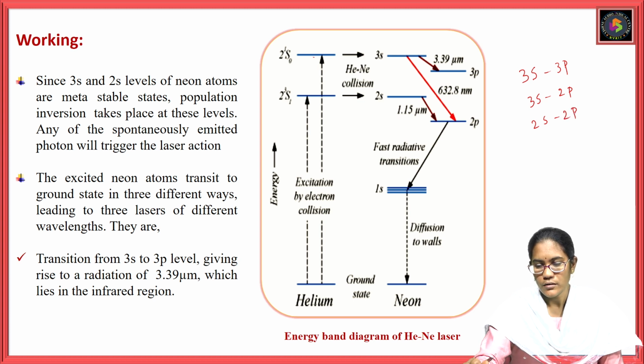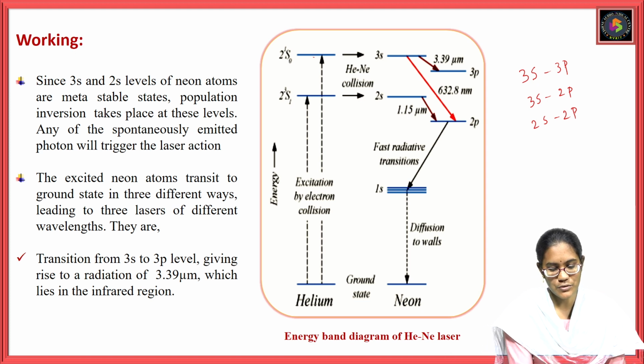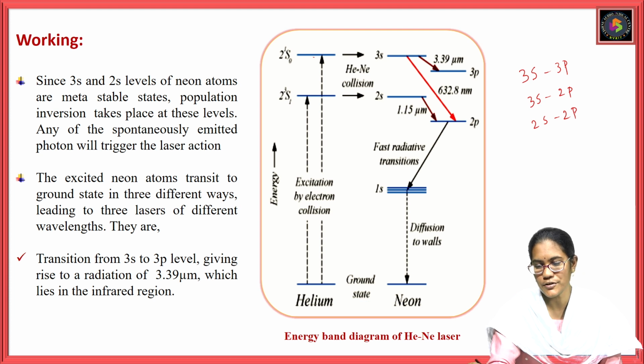So these three prominent laser transitions will occur. The transition from 3s to 3p level gives rise to radiation of 3.39 micrometers, which lies in the infrared region. And there is a transition from 3s to 2p.